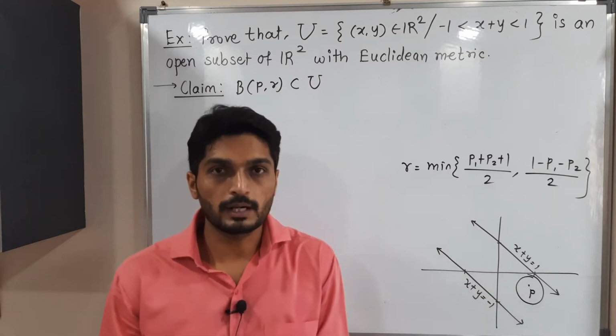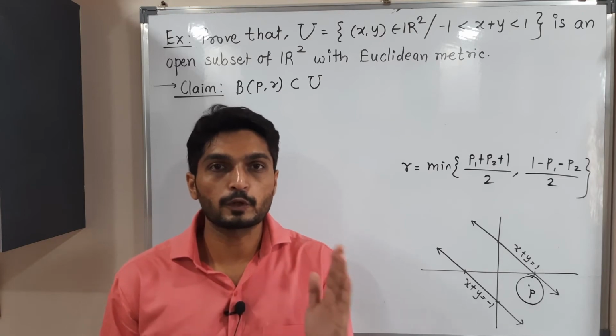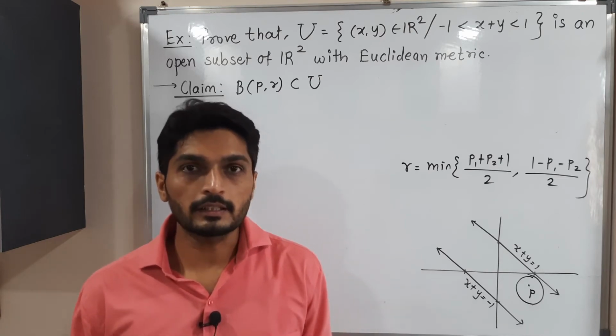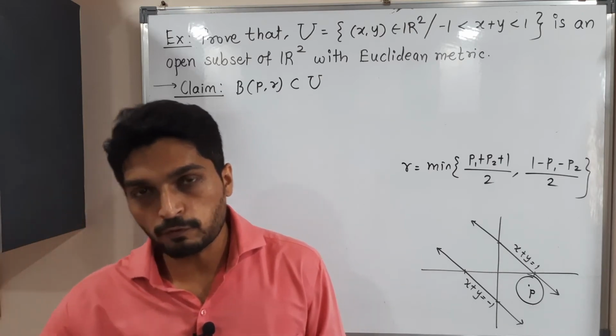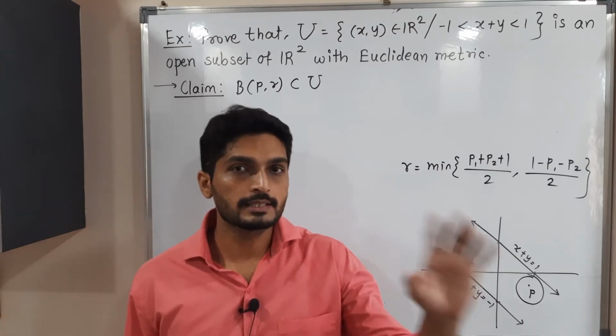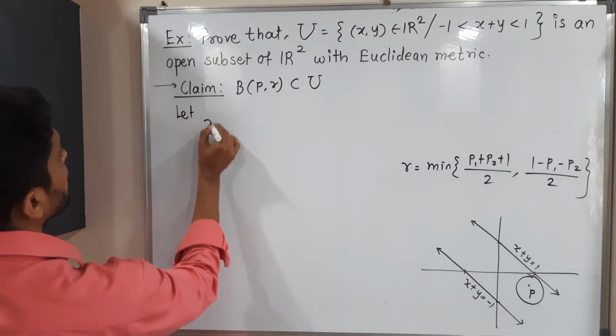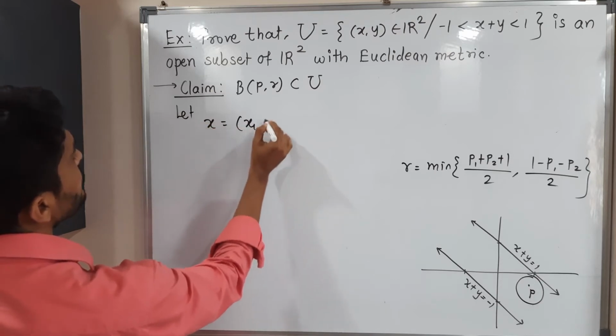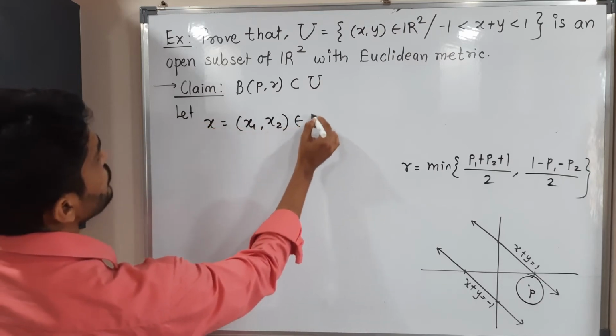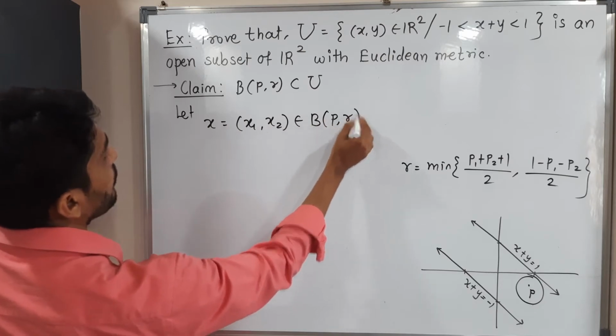So we have to prove one set is a subset of the other. What is the technique? We take one arbitrary point from the first set and we prove that it is in the second set. So let us start. Let x is equal to (x1, x2) belongs to this open ball.